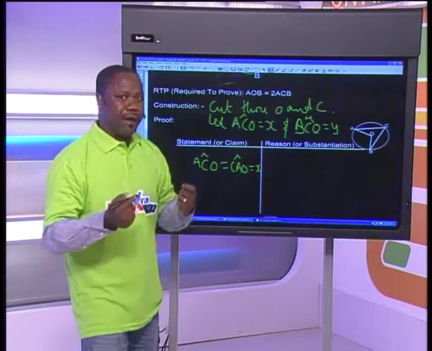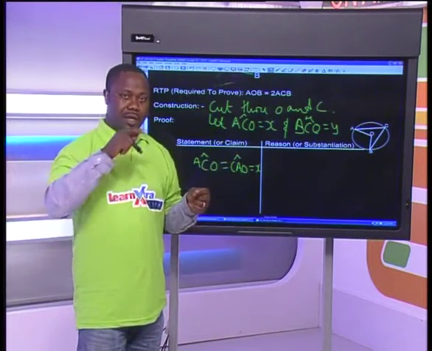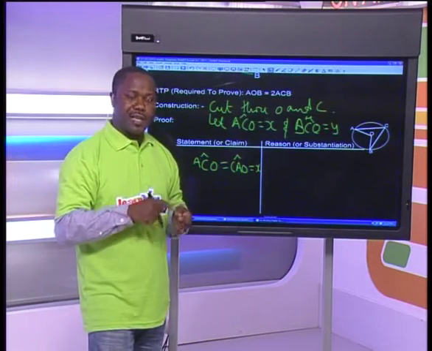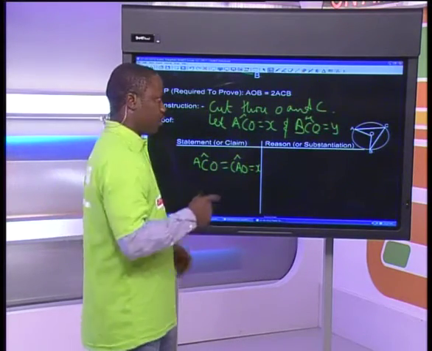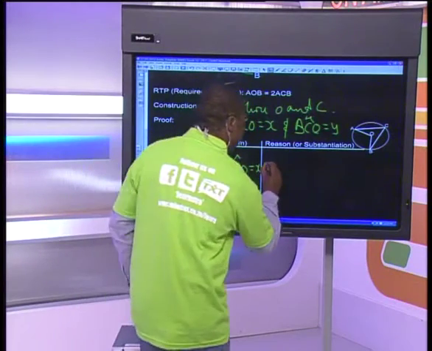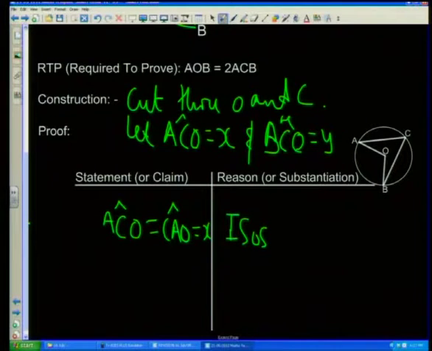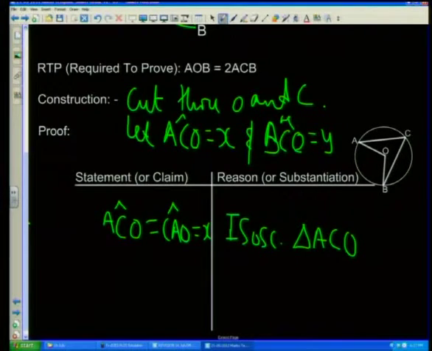So basically, if you have a triangle and you've got two sides that are equal, the angles that are opposite to those sides are also equal. So what do you call that triangle? We call it an isosceles triangle. So I will just give a reason as isosceles triangle ACO. That triangle is isosceles, therefore the base angles must be equal.